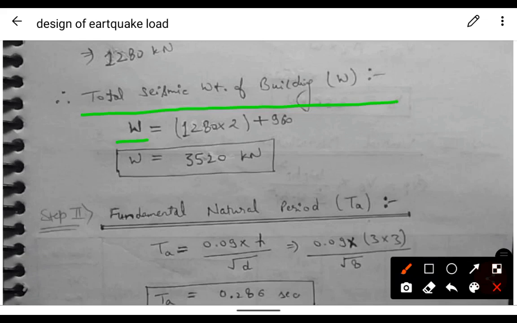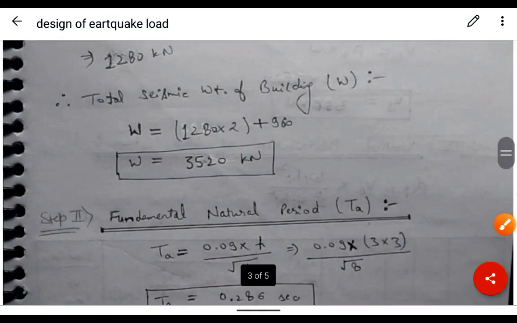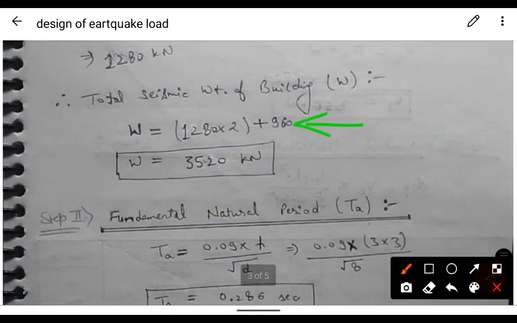Now this is the total mass on the roof, that is 960 kilonewton, and the second one is the total dead load. So we know that this is for the roof, and this value is for the calculation of load on the floor. We know that this is a 3-story building, so this one would be the roof.